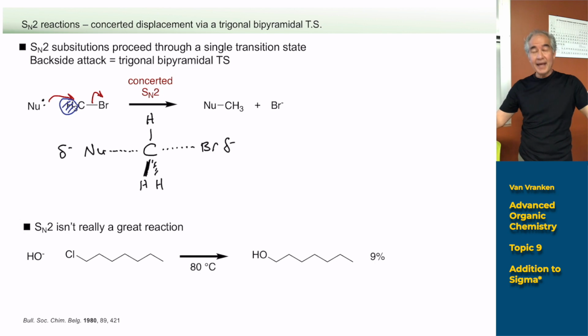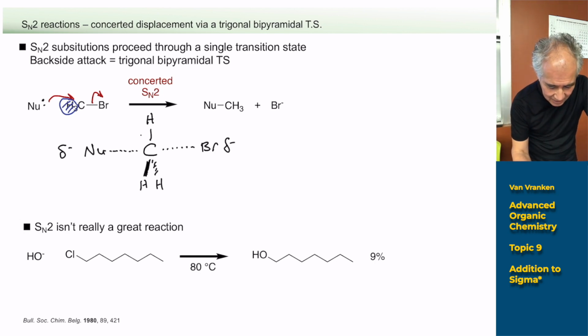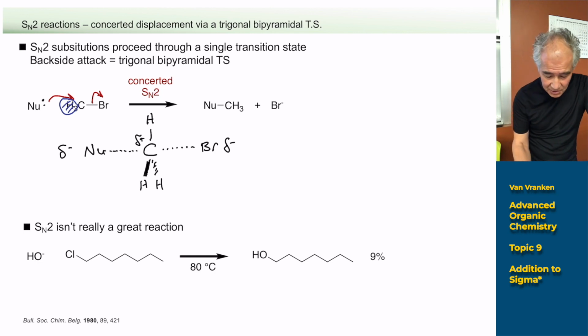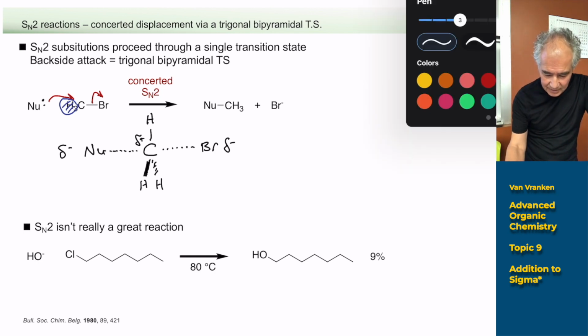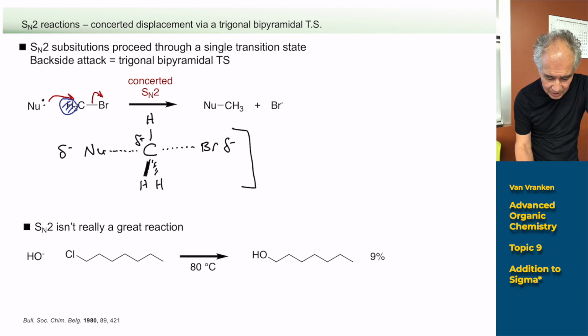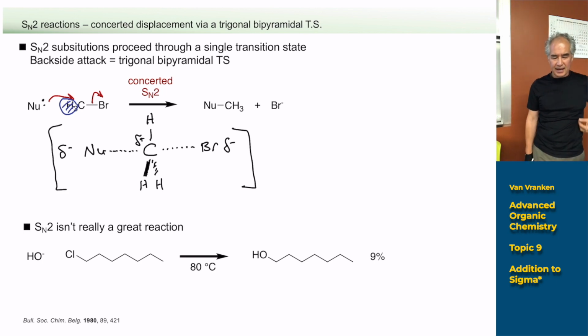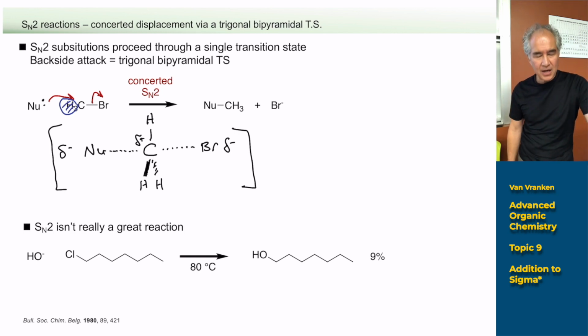But it can't be all negative, right? We've got to have some positive somewhere, and that positive charge is localized here on that carbon atom. So this is the transition state for an SN2 reaction. SN2 reactions go through this trigonal bipyramidal transition state because you prefer backside attack, and there is inversion of configuration if that carbon is a stereogenic center.